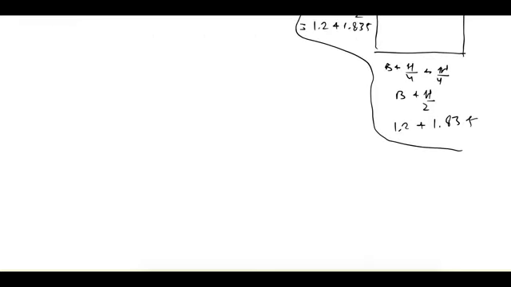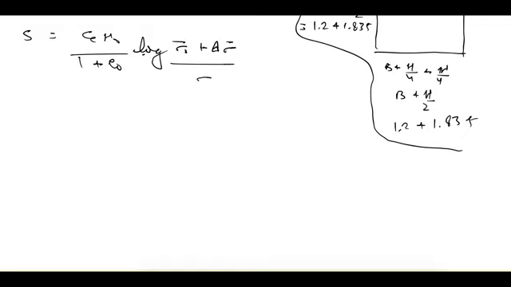Now we just have to apply the formula, that is Cc H naught upon 1 plus e naught, multiplied by log of (sigma naught plus delta sigma) divided by sigma naught.